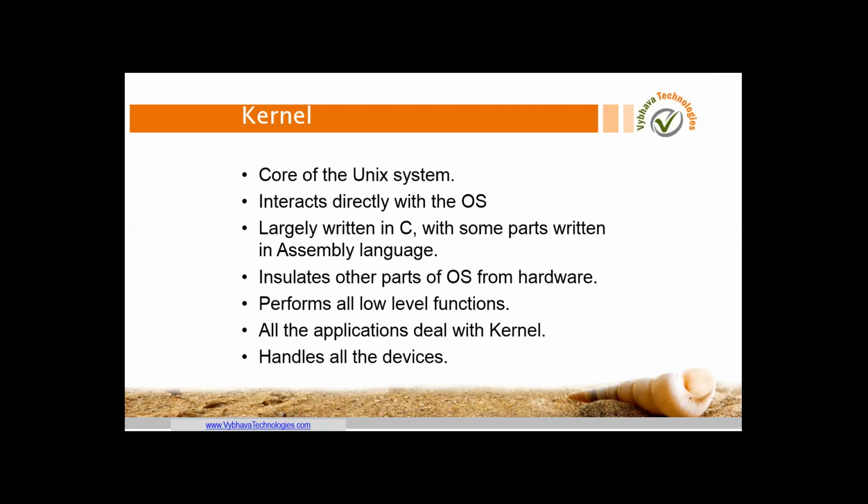It may go to assembly language or linkers, then give the actual output, the actual interaction between the hardware and your user space. So it insulates the other parts of the operating system and you can get the outputs from the hardware. It performs all low level functions.